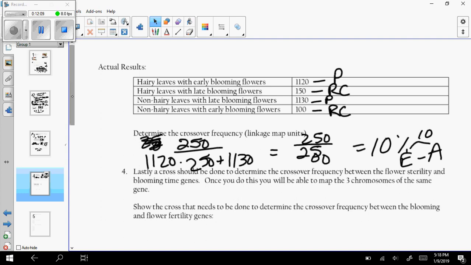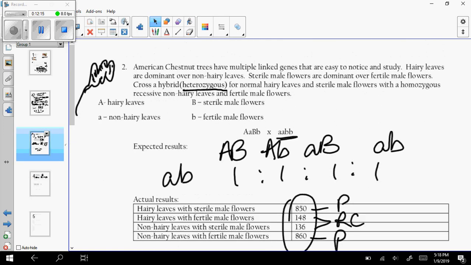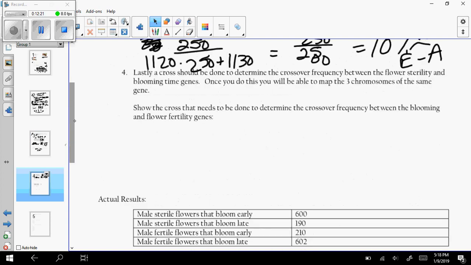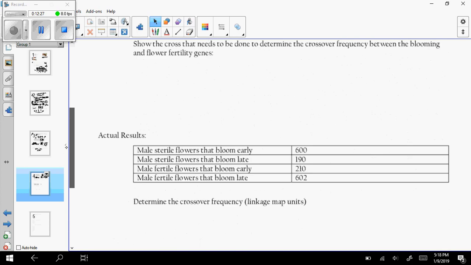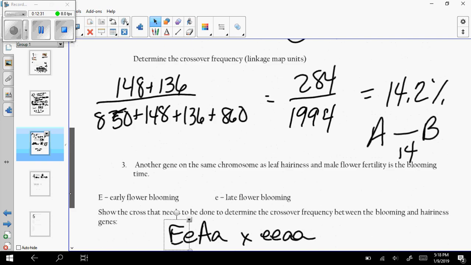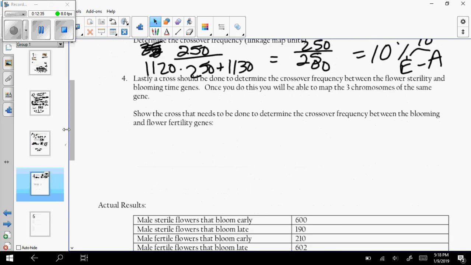All right, and then lastly, a cross needs to be done between the flower sterility and the blooming time. So the flower sterility was my B gene. So now I'm doing it between the B and the A, right? Nope, I already did B and A. B and E. Yep, B and E. All right.